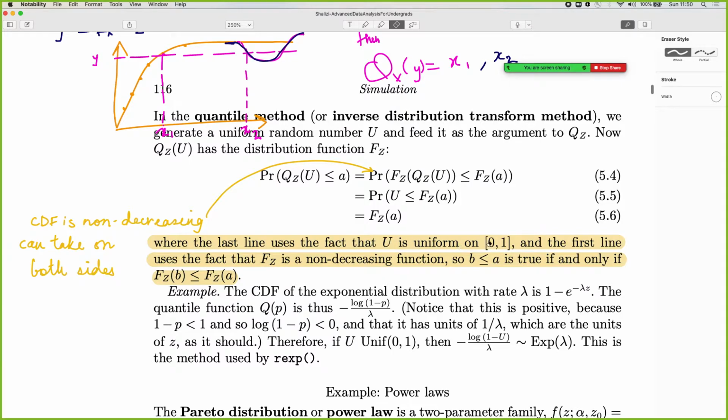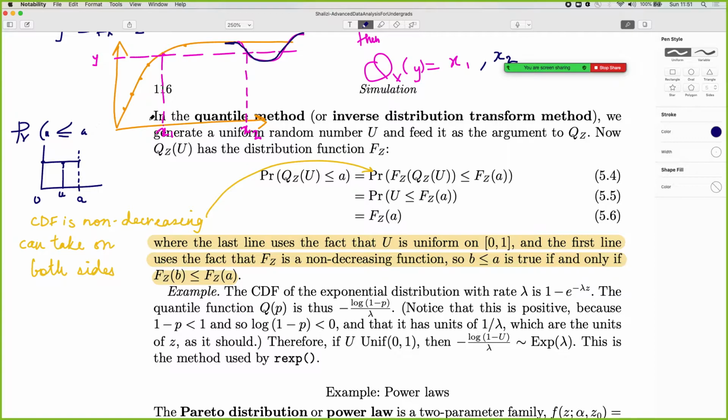Sorry, the last line they use the fact that u is uniform, and a uniform function between 0 and 1, or between a and b, let's say 0 and a, the probability that you're going to sample a value x less than a, or let's use this definition, the probability that u is less than or equal to a, is F_U(a).